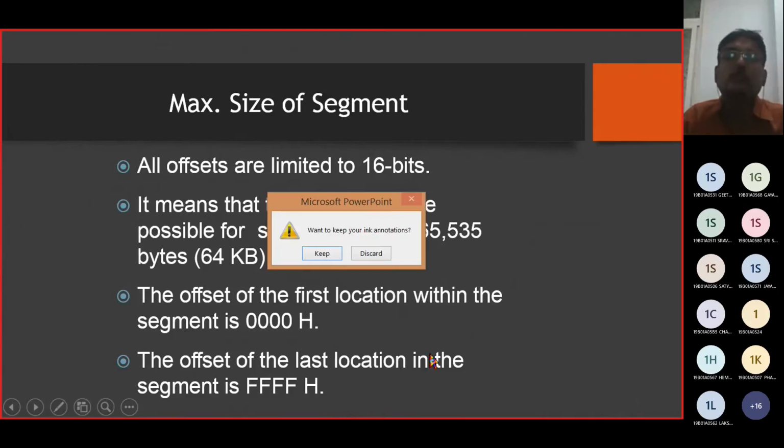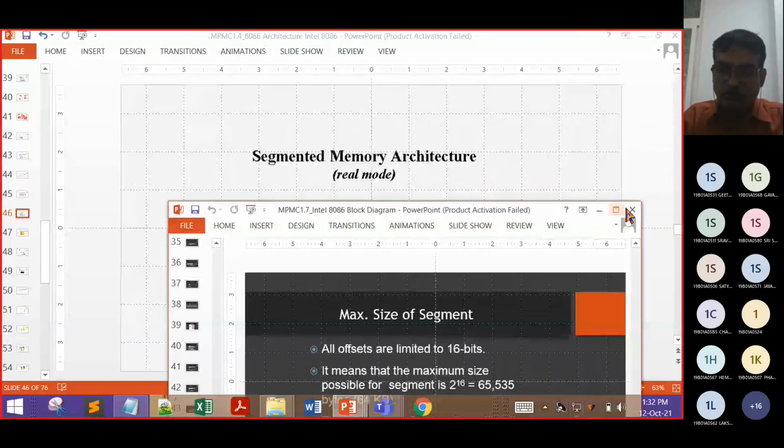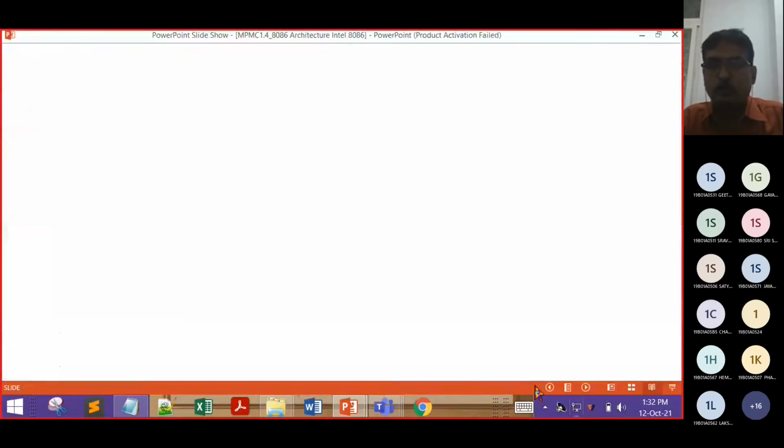Now let us look at some more examples to give you an understanding of what exactly these memory addresses are and what they do.